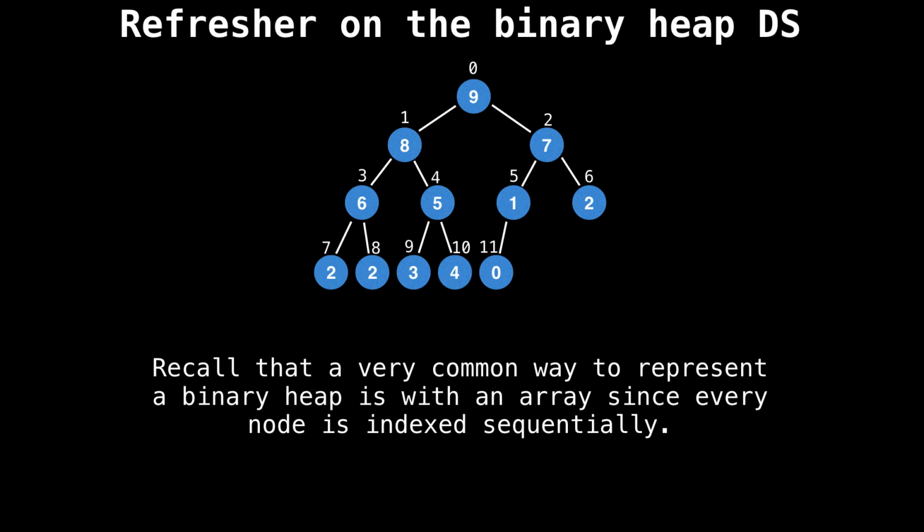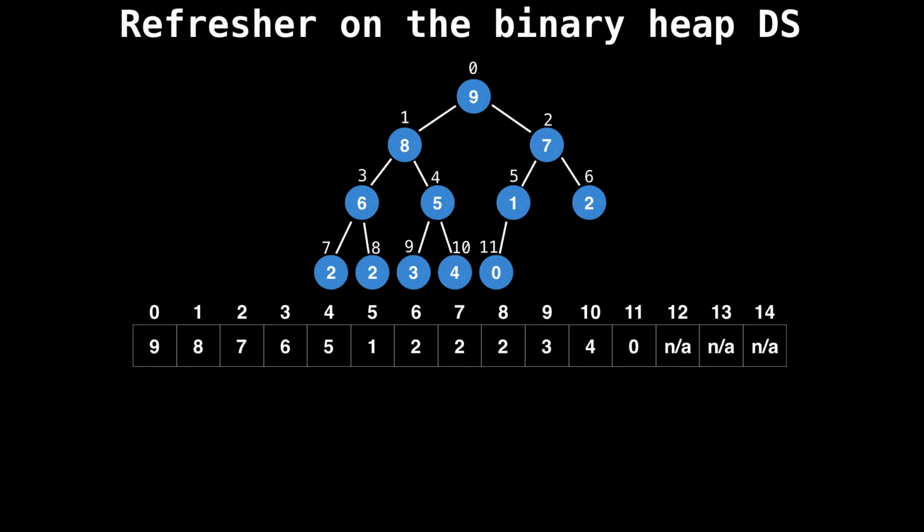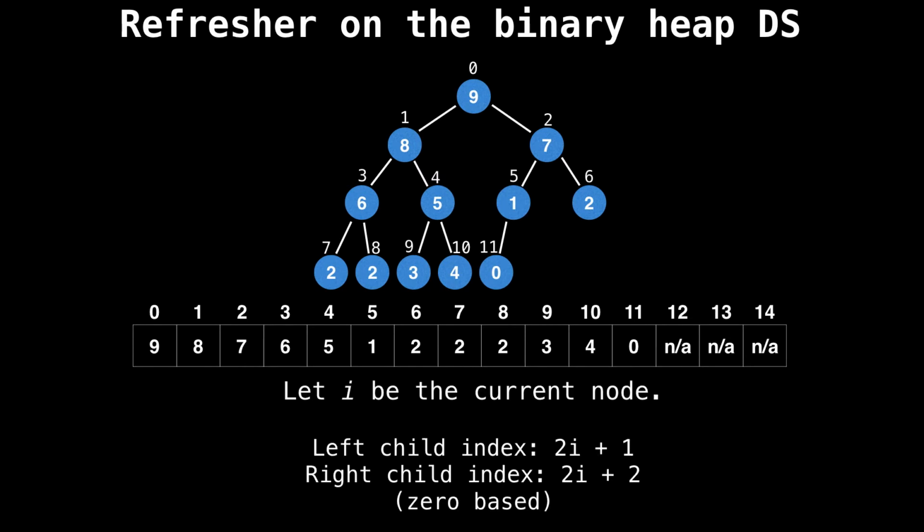Recall that a very common way to represent a binary heap is with an array, since every node is indexed sequentially. If we were to represent the following binary heap as an array, we would get this array of values. If we know the index of node i, we can figure out what its left and right child nodes are by using simple formulas. The left child is 2 times i plus 1, and the right child is 2 times i plus 2, assuming zero-based indices.